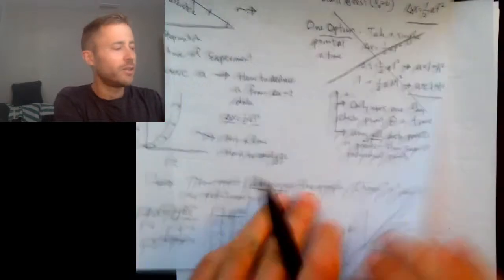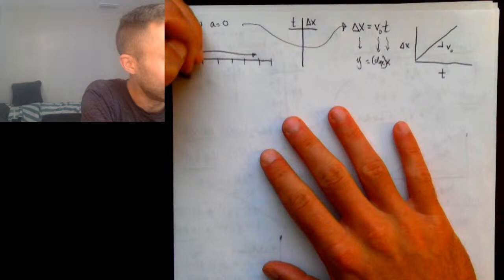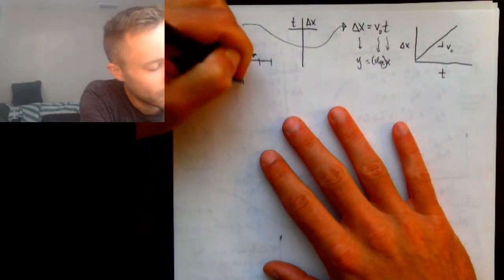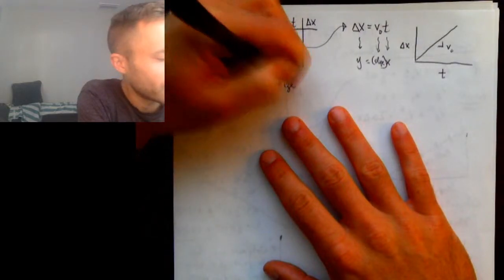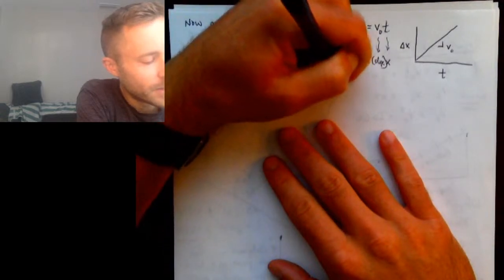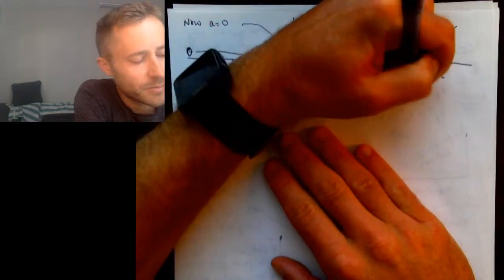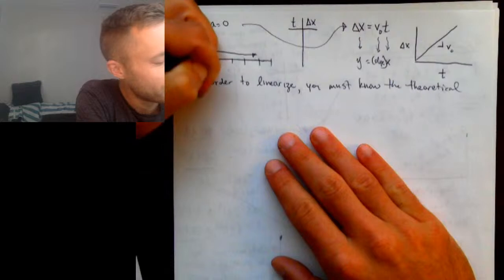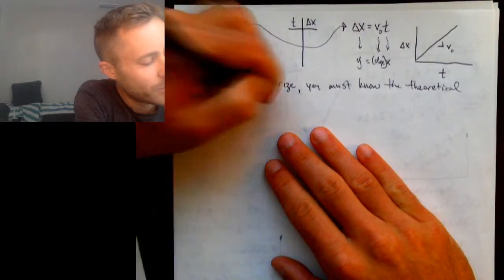So basically, the lesson is that in order to linearize, you must know the theoretical relationship between the variables.